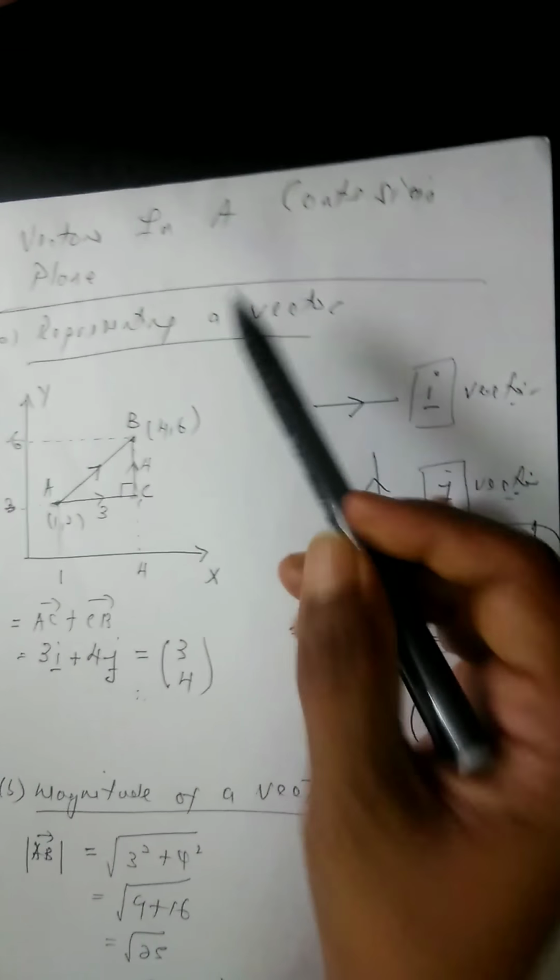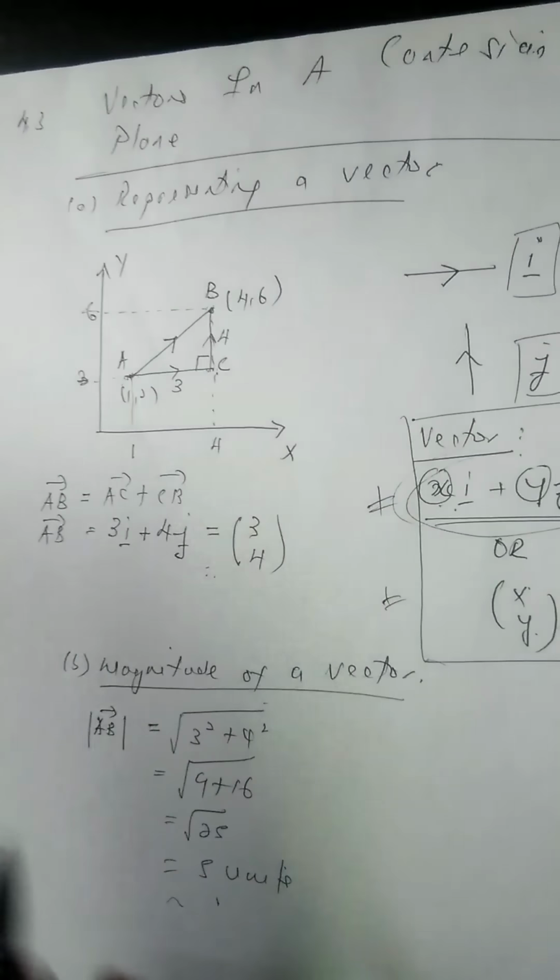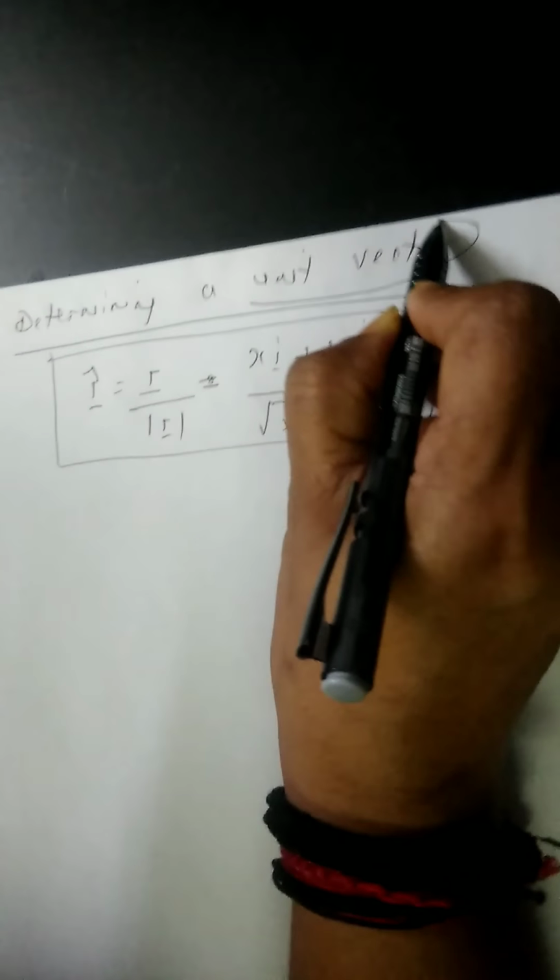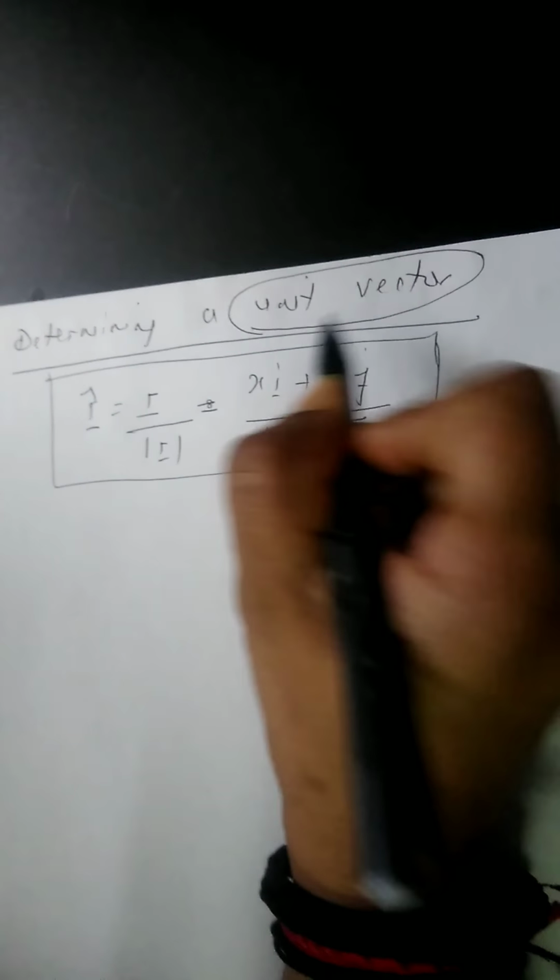Using this and this, we move on to the next part, whereby you need to determine something called a unit vector. The word unit itself tells you what? Unit means one. So what you're looking for is a portion. This was AB just now.